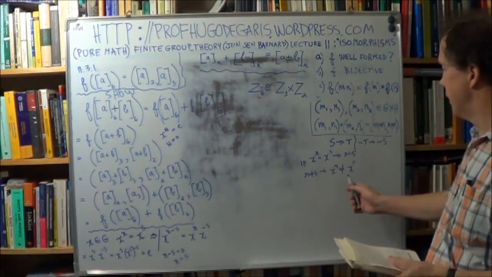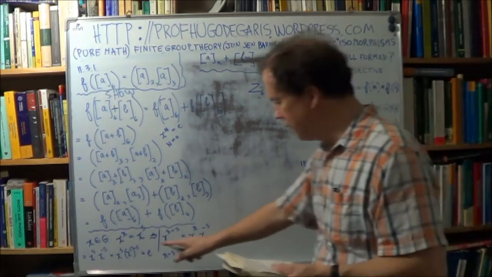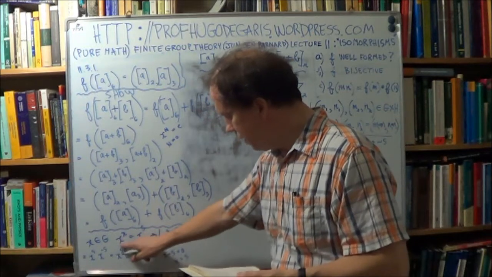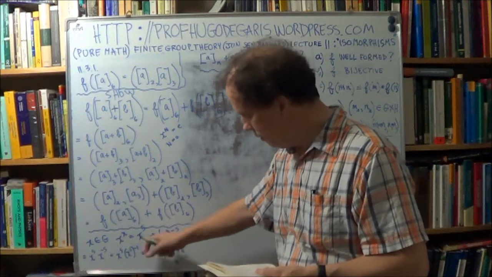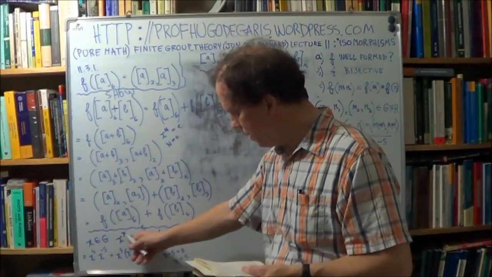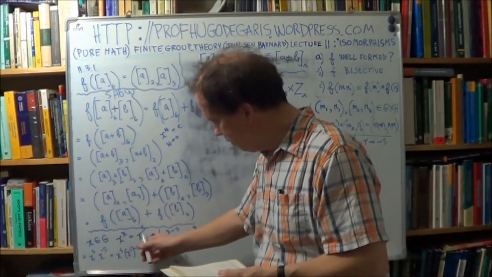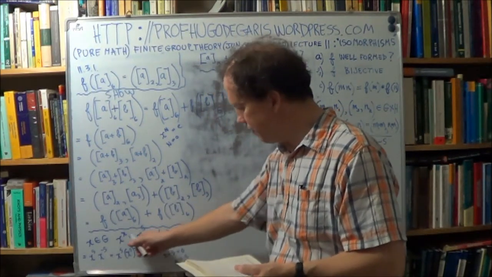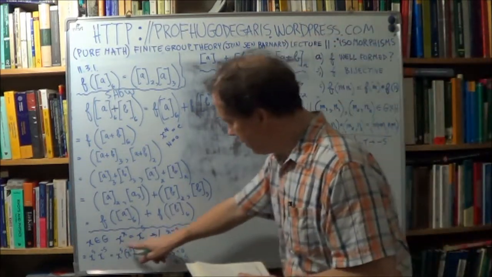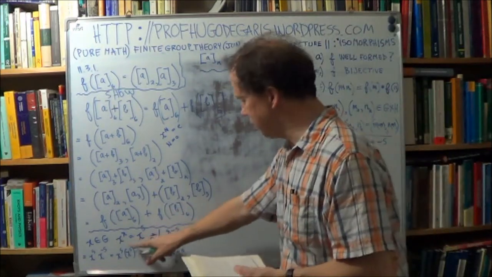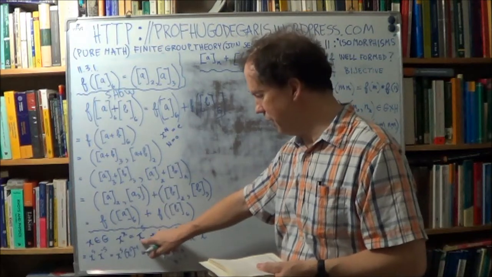So if r is not equal to s, these are different powers. x raised to power r is a different power from x raised to power s. So if r and s are different, then x to the r is not equal to x to the s, and that's what you're being asked to prove.